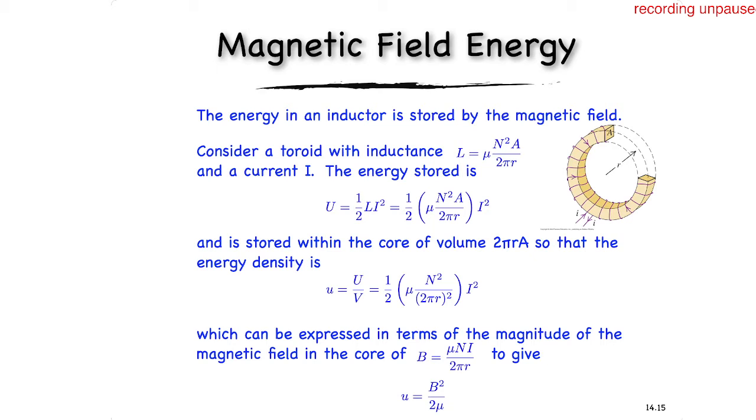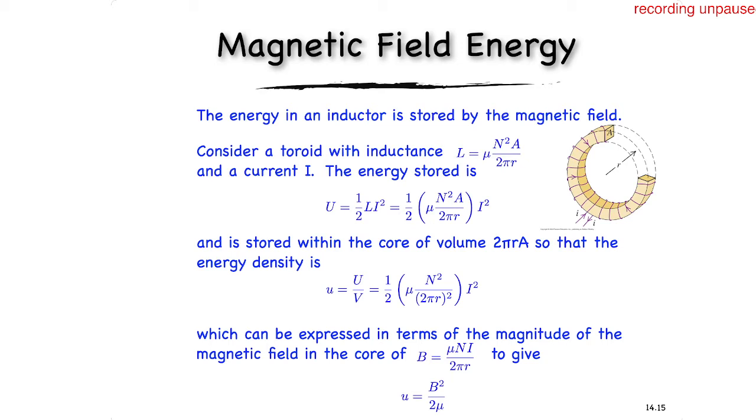And we can consider how much energy, or the energy density, by looking at our example of the toroid, where we calculated the self-inductance a couple of slides ago. We can use that self-inductance in this expression for the energy, one half L I squared. When we plug that in for L, let's say this is the total energy. If I want to calculate the energy density, the energy per unit volume, I'm going to divide by the volume of this core.